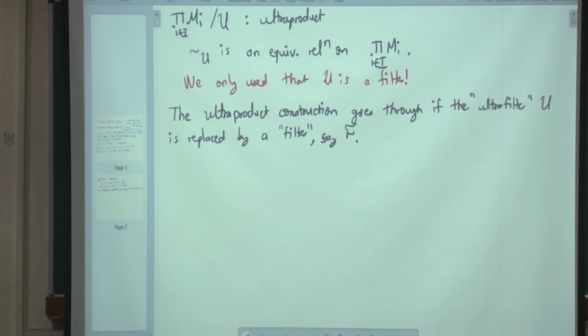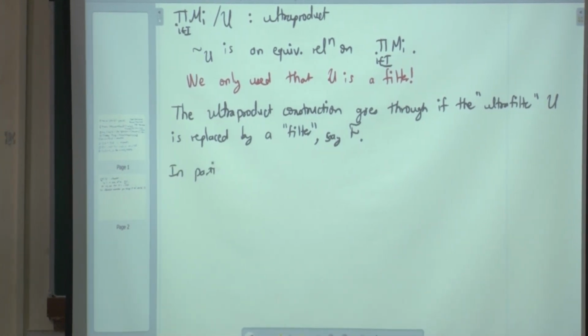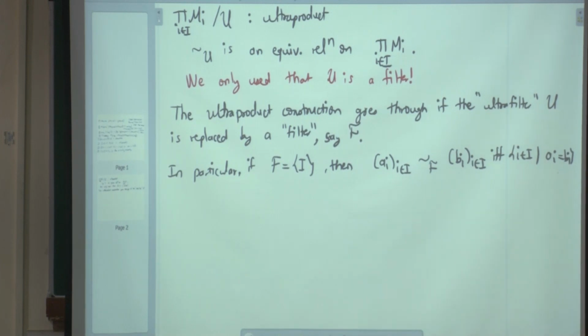Maybe if you are confused, I will write it down. In particular, if F is equal to the singleton {I}, then (a_i), i in I, is F-equivalent to (b_i), i in I, if and only if the set of all indices such that a_i is equal to b_i belongs to F. But what is in F?